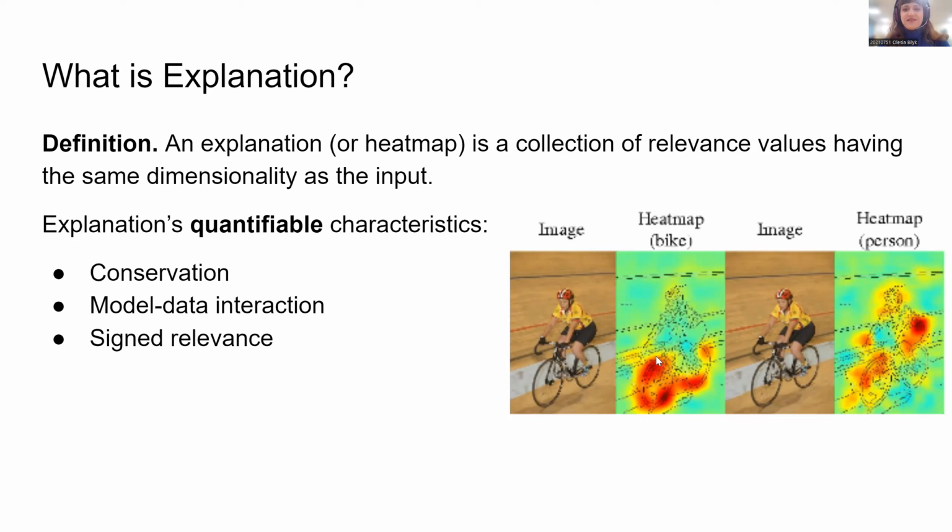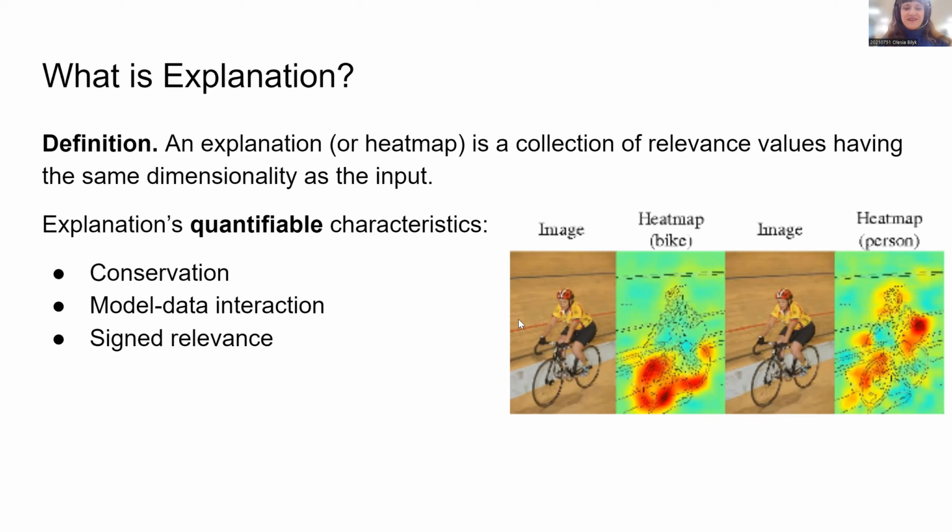As we can see, the explanation has to have some faithfulness, meaning that each relevance value, which is a real number, should show how much the corresponding input has contributed to the overall classification decision. For instance, on these heat maps, the red colors denote a higher relevance value, green denotes a low relevance value.